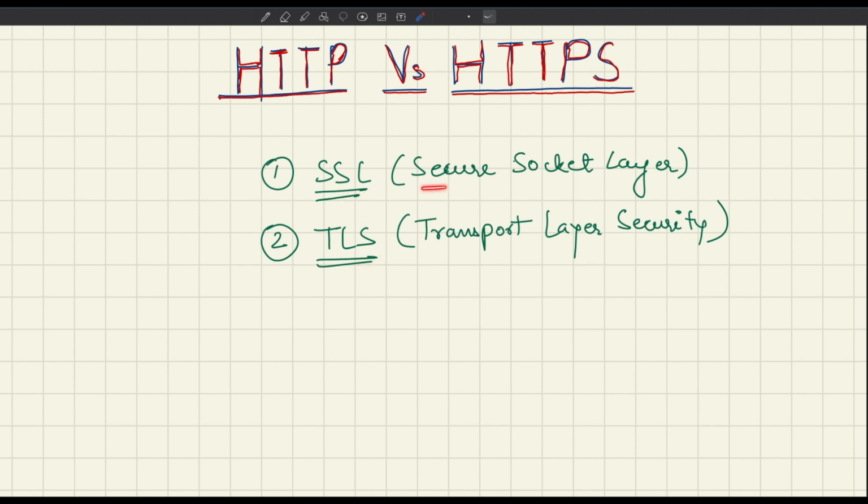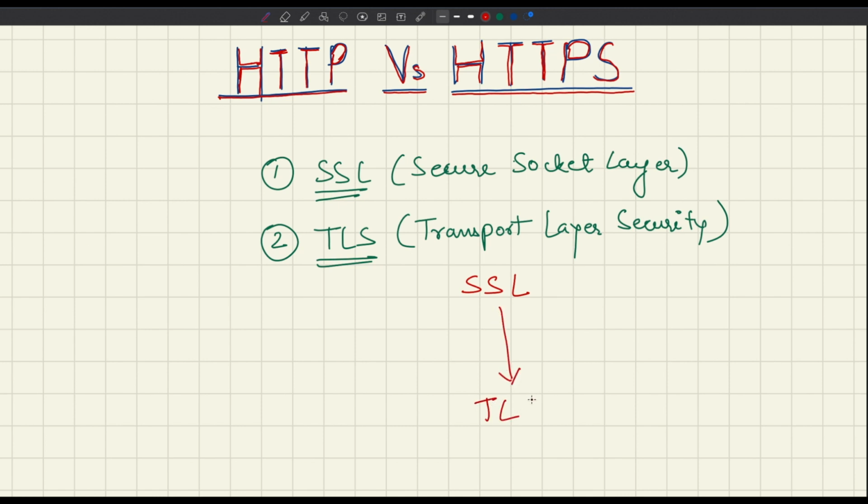SSL is Secure Socket Layer, and TLS stands for Transport Layer Security. They both are security protocols. They help in encryption and decryption of the data so that data can be transmitted securely over the network. One thing to note here is that SSL is the precursor or predecessor of the TLS protocol.